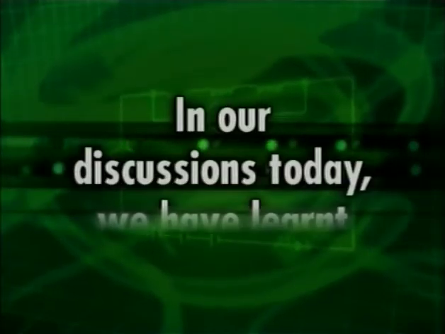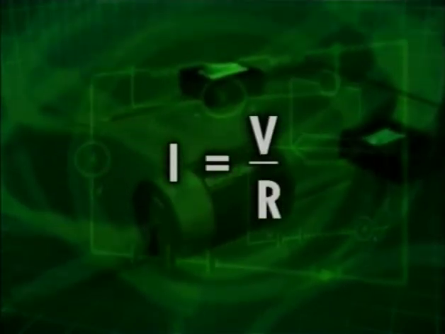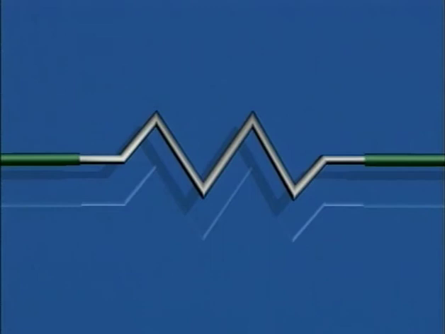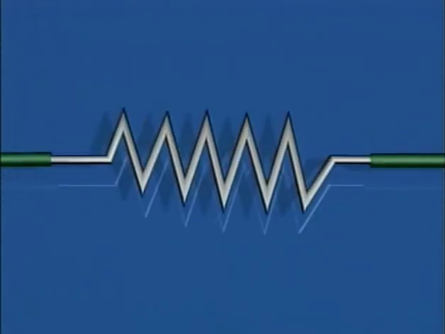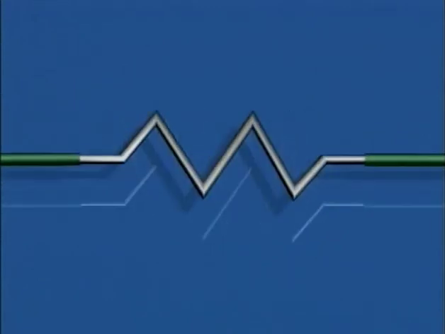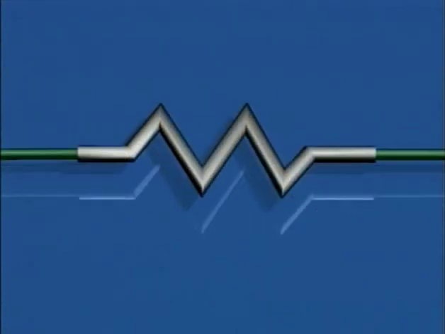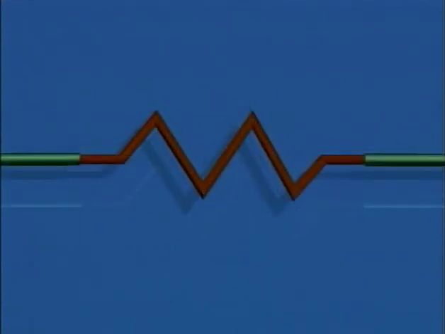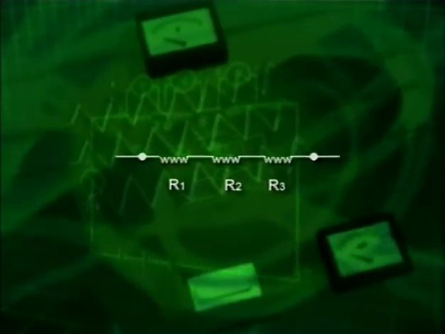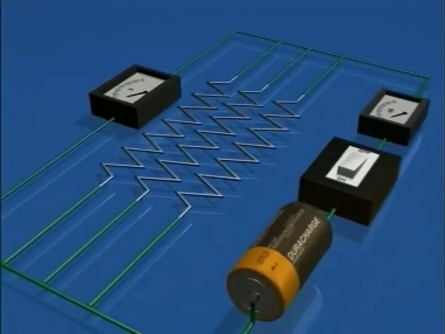Recap. In our discussions today, we have learnt Ohm's law. The resistance of a conductor depends on its length, its cross-sectional area, and the material of which the conductor is made. The resistances are commonly connected either in series or in parallel.